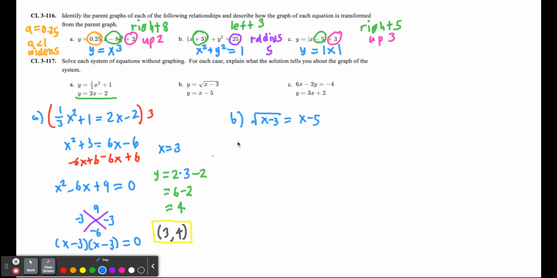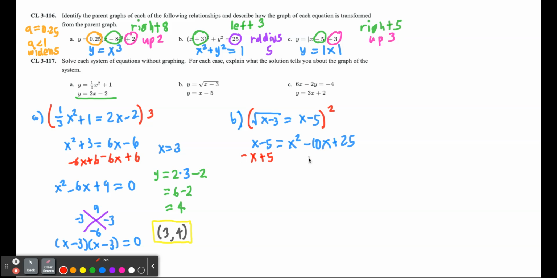To get rid of the root, you square both sides. And then you have to do the area model here, and you got x squared minus 10x plus 25. Since you get a quadratic, you should set it equal to 0.